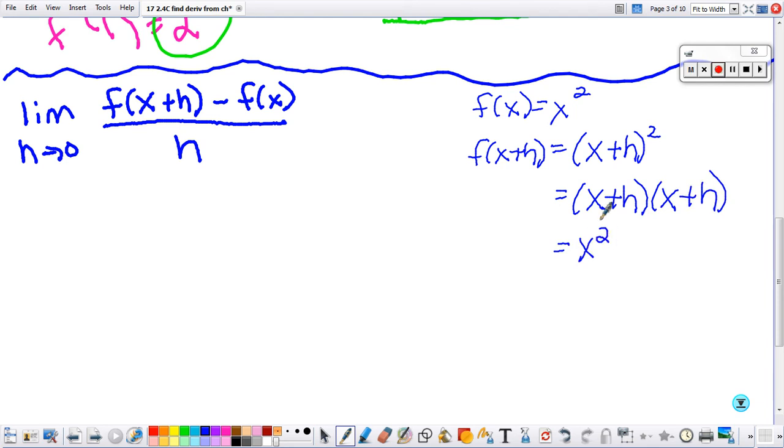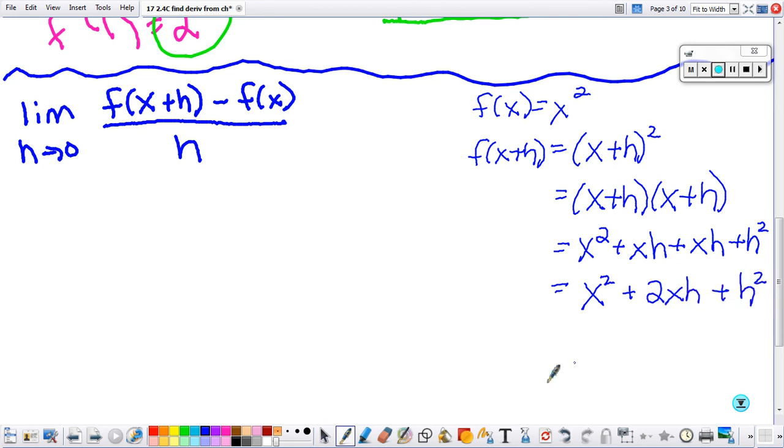So x times x, x times h, h times x, h times h. And then I can combine like terms with these xh's. That's 2xh. And now this trinomial will replace this part in my limit.